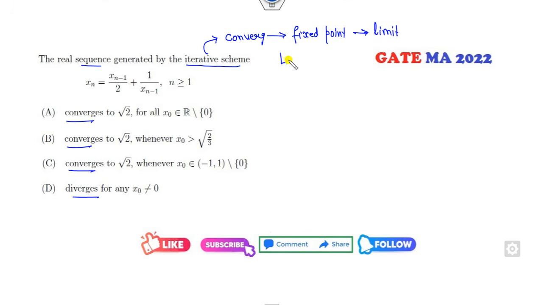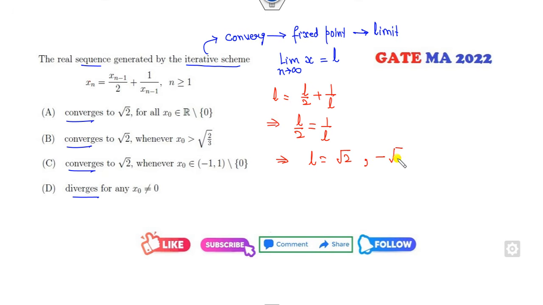So I can simply say the limit of x_n is L. If I substitute this L, it is L over 2 equals 1 over L. So L will be plus minus root 2. One is positive, one is negative.